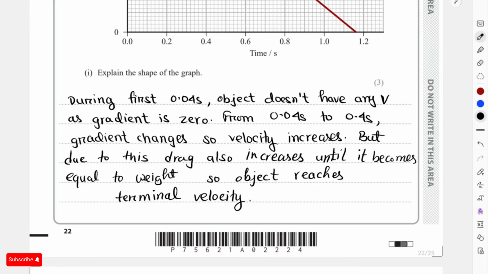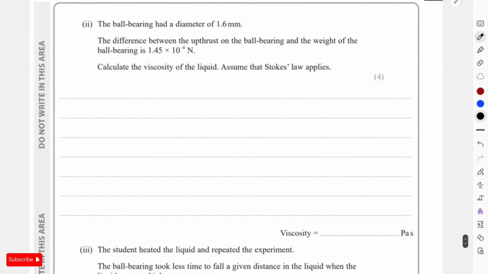We'll move on to 18 part B2. It says that the ball bearing had a diameter of 1.6 millimeters. The difference between the upthrust on the ball bearing and the weight of the ball bearing is this much. And we need to calculate the viscosity of the liquid. Assume that Stokes' law applies over here.